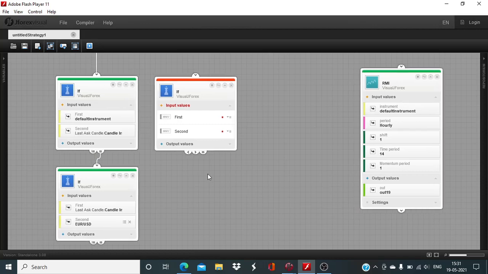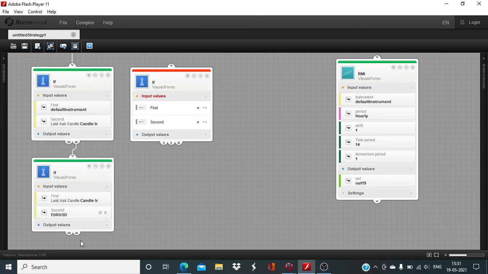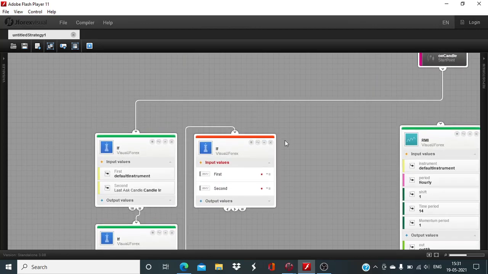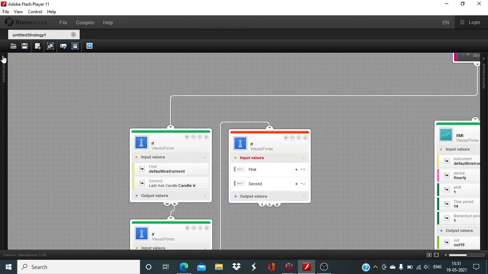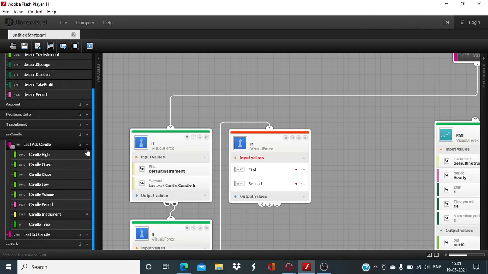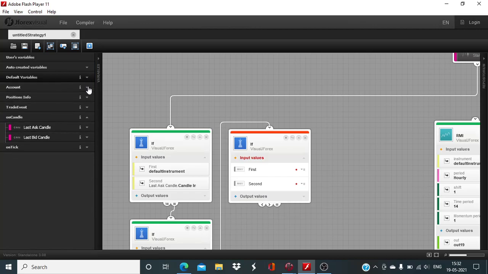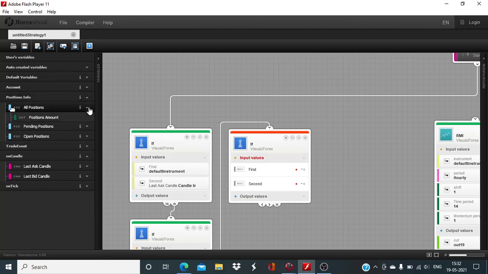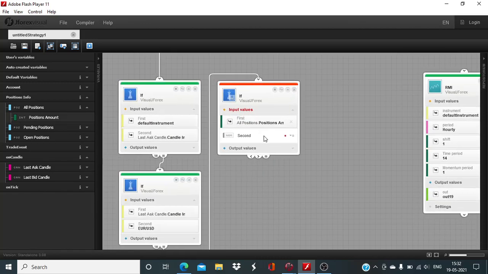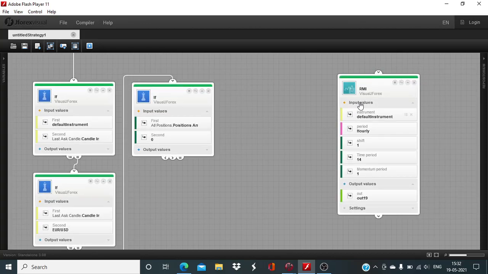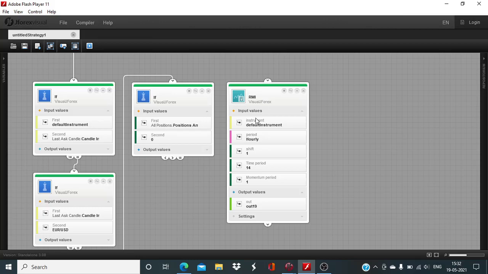First input equals second input. Again, same condition. And in this if block, we will need to check for the position information, position amount should be equal to 0. That means there is no current, pending or open position on the account.